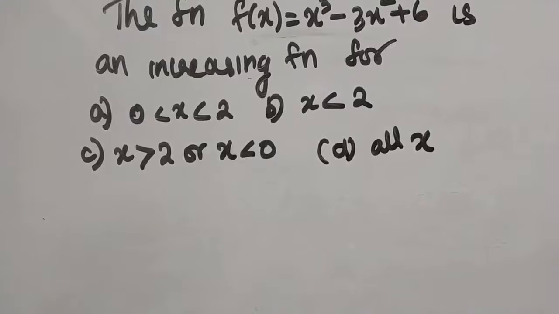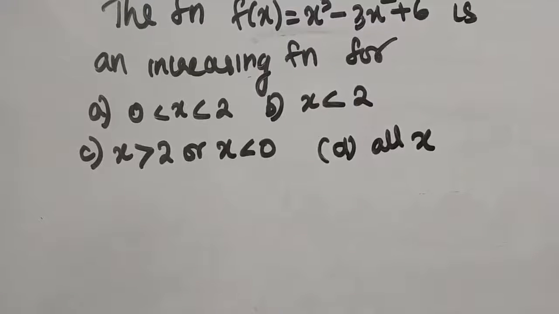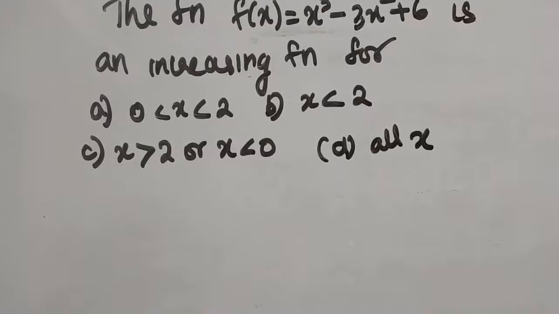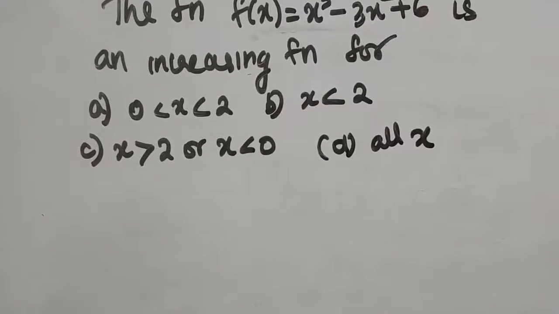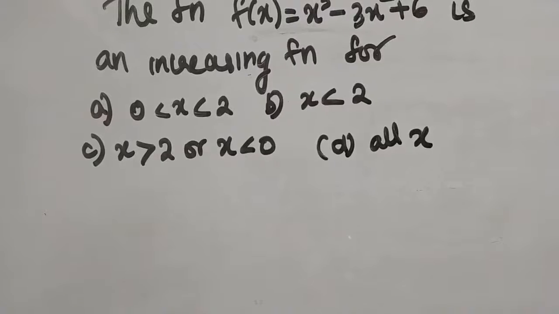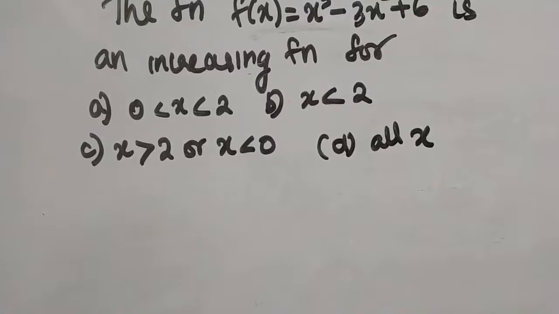The function f of x is equal to x cube minus 3x plus 6 is an increasing function for which of the given intervals? That is the question. We have to check in which interval the function is increasing. So how can we do that? Listen here.